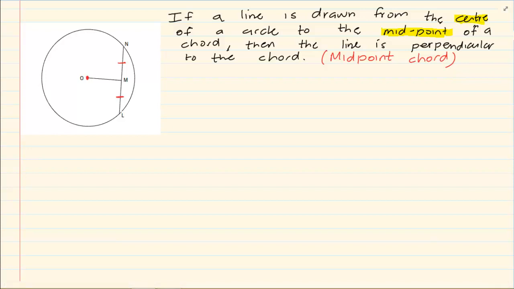Now when we're doing the proof, you will see it's a standard form. They usually start with given. So what were we given? What have we just discussed? We were given the center and we were given the midpoint.